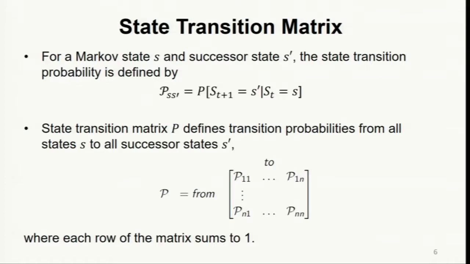When you are in state i, what is the probability of going into state j at the next time point? So the state transition matrix P defines transition probabilities from S to all successor states S prime, where each row of the matrix sums to 1. It's clear, right? P_11, P_ij, capital P matrix. Okay, so this is a state transition matrix.